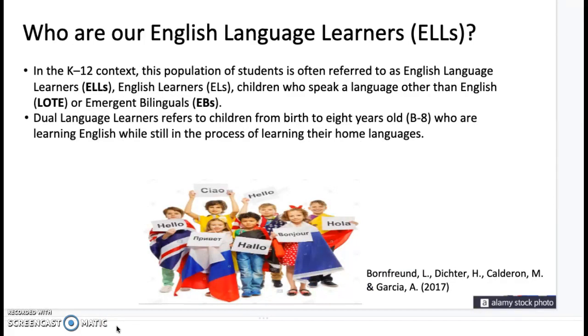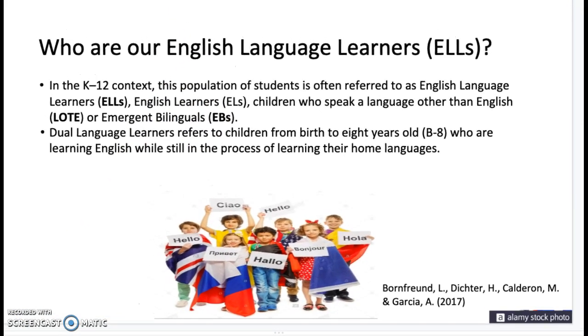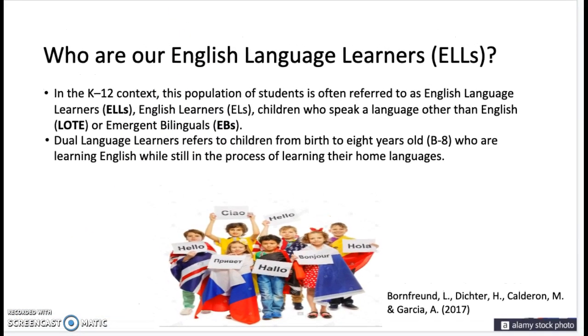Other terms that I did want to point out are ELs, English learners, LOTE, children who speak a language other than English, or emergent bilinguals. And I use the term emergent bilinguals, you'll hear it in this presentation, because it follows an asset-based model. According to Ophelia Garcia, these students are acquiring English as they simultaneously function in their home language and become bilingual.